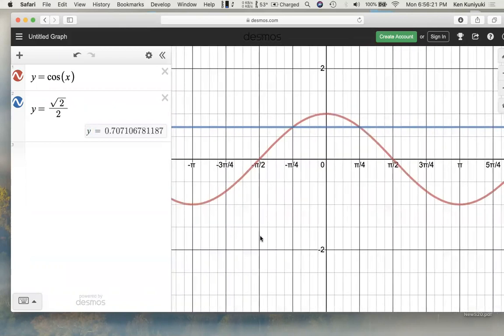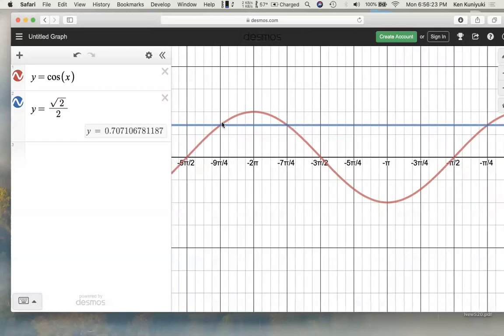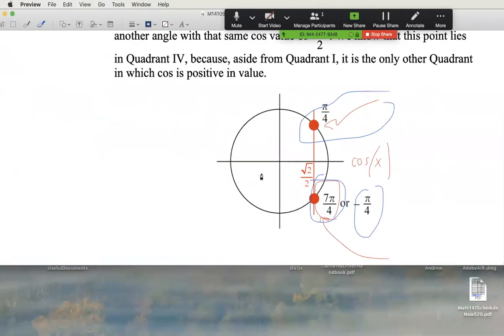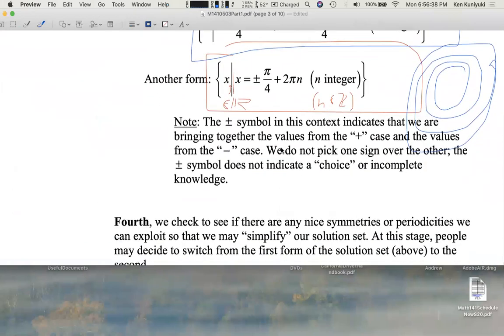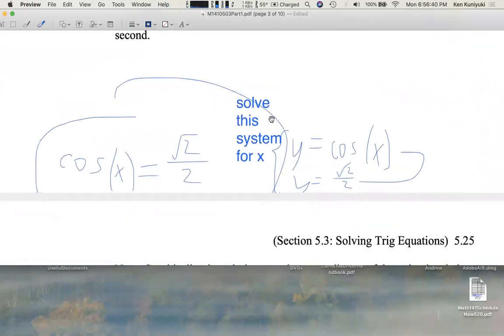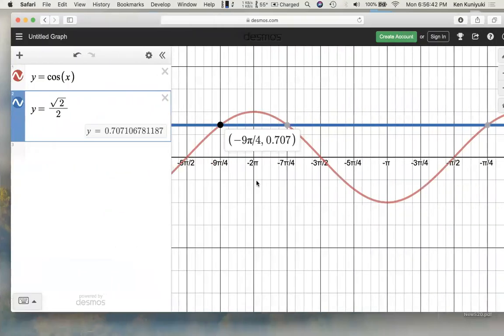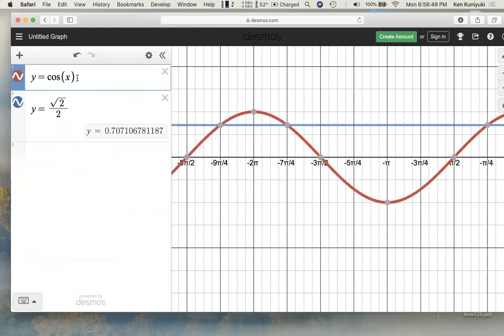Negative pi over 4 minus 2 pi gets us negative 9 pi over 4, corresponding to this intersection point here. So we can look at things graphically. Again, the solutions to the equation cosine of x equals root 2 over 2 are given by the x-coordinates of the intersection points between the two corresponding graphs here, y equals cosine of x and y equals root 2 over 2.